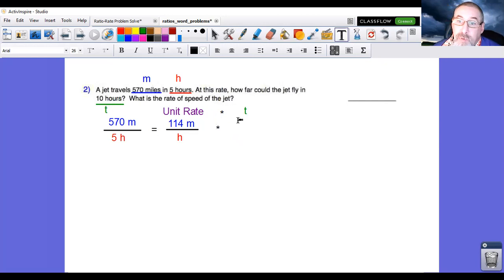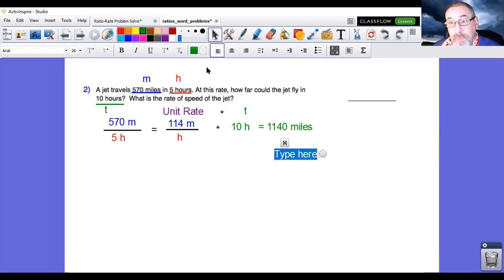So 114 miles per hour times 10 hours. That is going to give me a very nice number of 1,140 miles. 1,140 miles is how far it will travel in 10 hours.